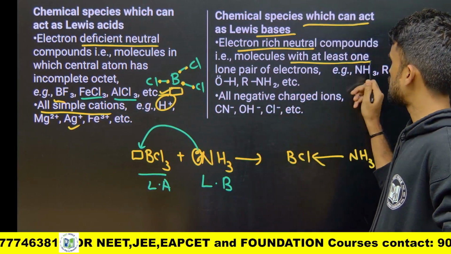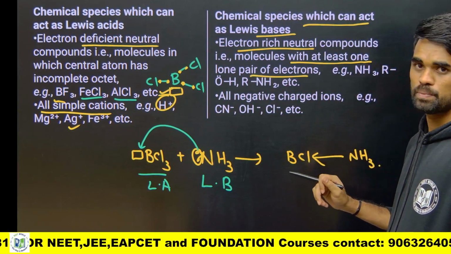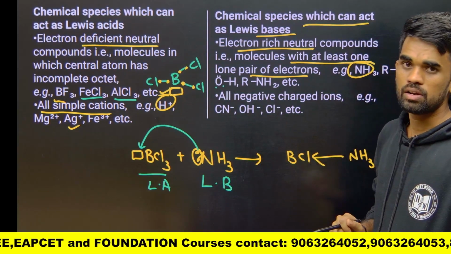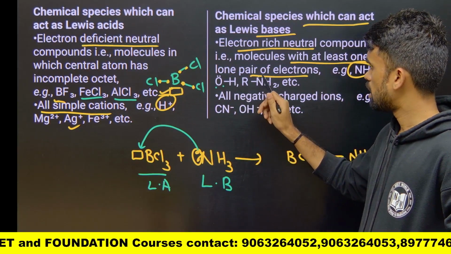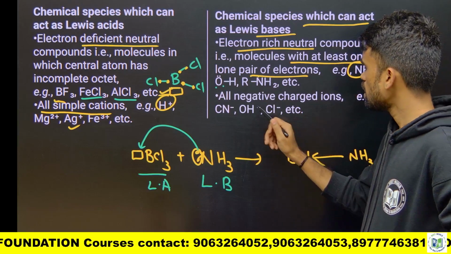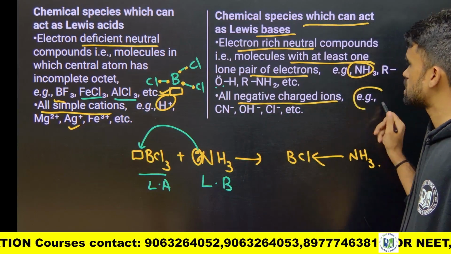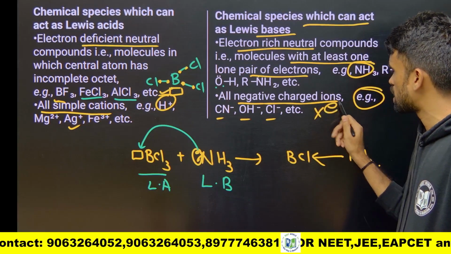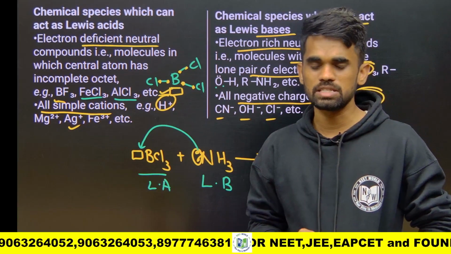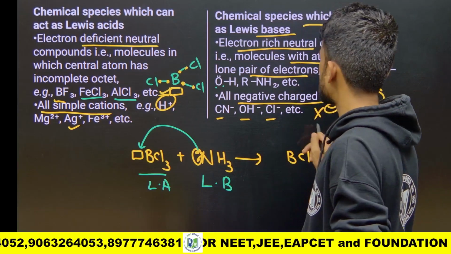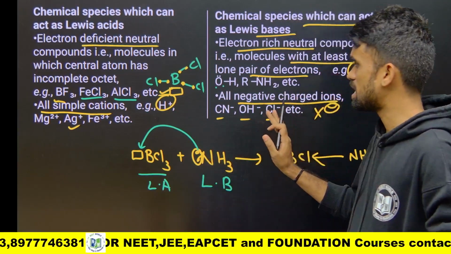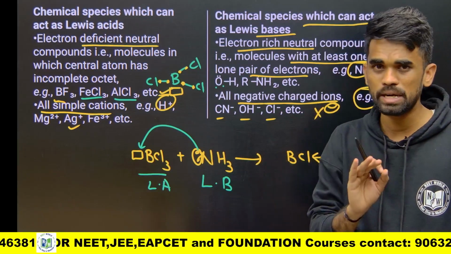At least one lone pair of electrons should be present, like on ammonia I have shown you, on water molecules, on alcohols and on amines. Next, all negatively charged species like CN minus, OH minus, Cl minus, X minus, where X is generalized. Anything with a negative charge can be considered a Lewis base. So these are the generalized statements and examples. Hope it is clear now.